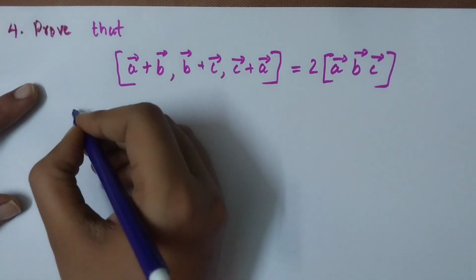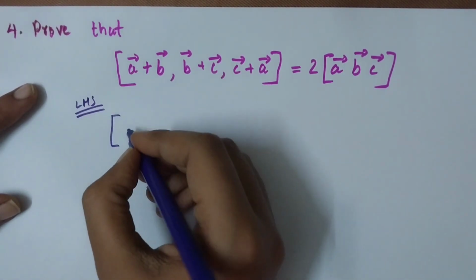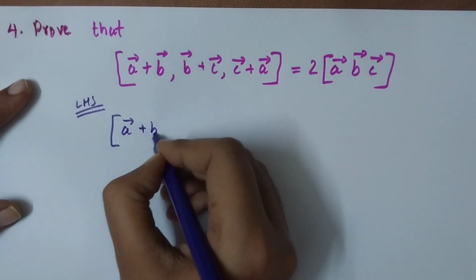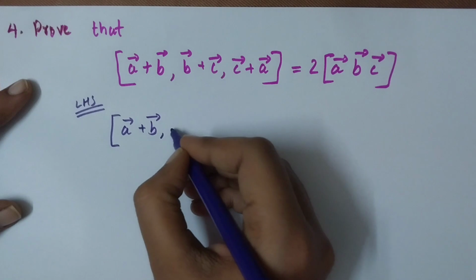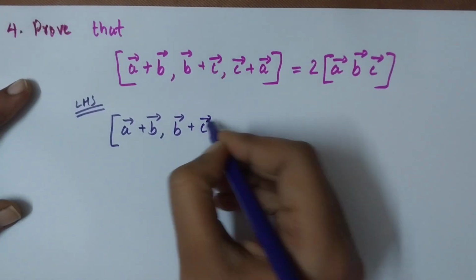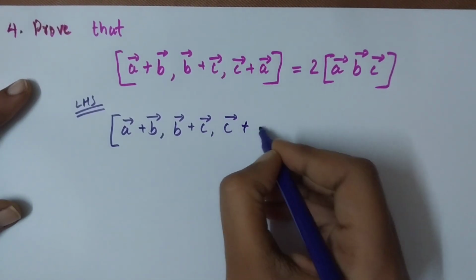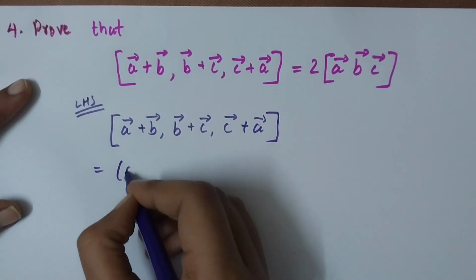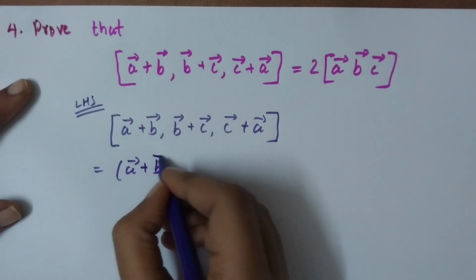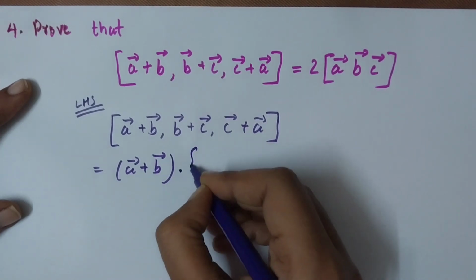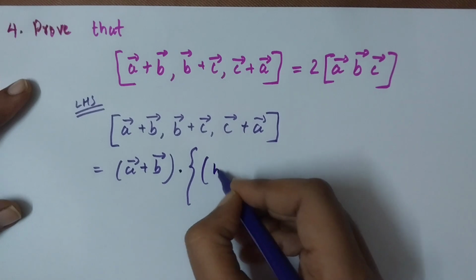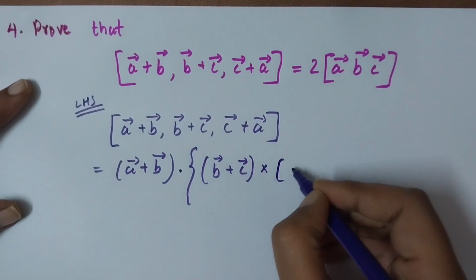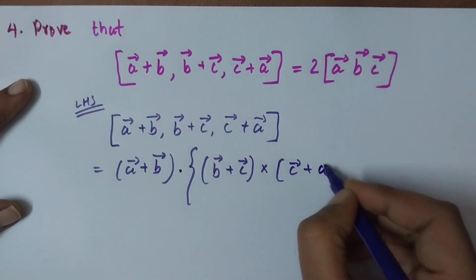So box product of vector A plus vector B, vector B plus vector C, vector C plus vector A can be written as vector A plus vector B dotted with vector B plus vector C cross vector C plus vector A.